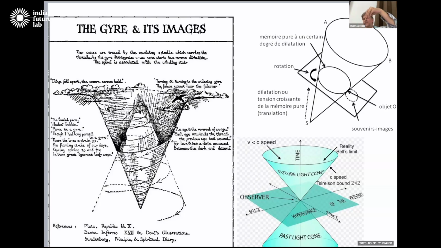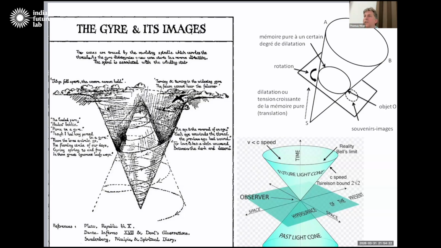When the gyres separate and the past and the future no longer touch or interlock, then you have periods of incredible chaos, which he thought came every 2,000 years, including the devastation of the earth and a rebooting. And he's writing this right at the end of World War I. So for him, time is two cones intersecting and interpenetrating.